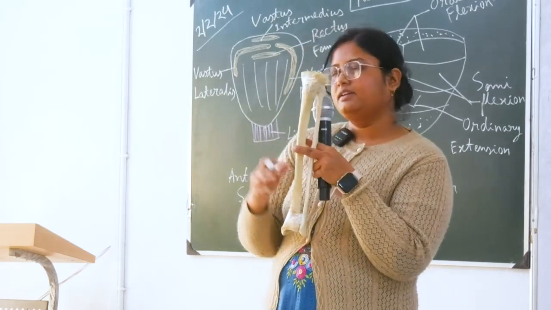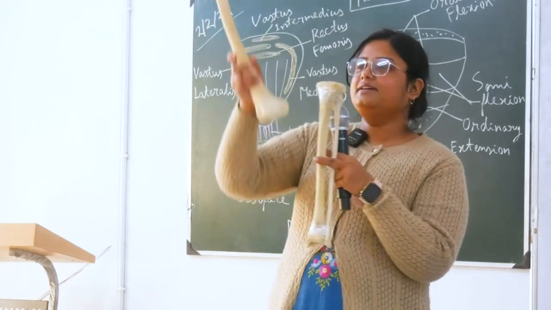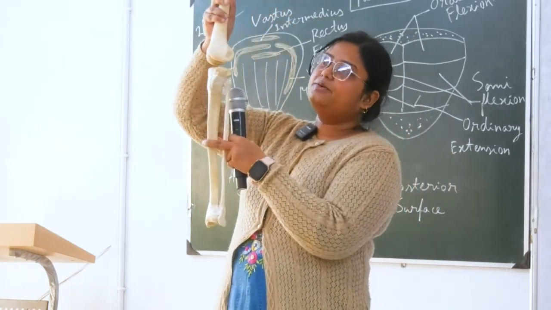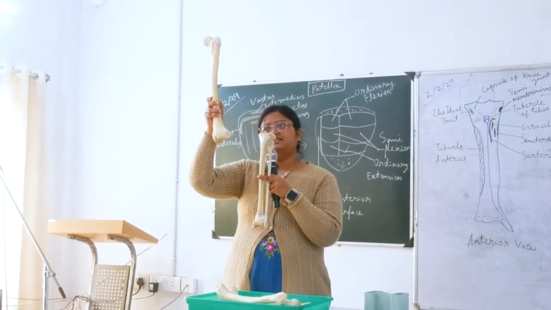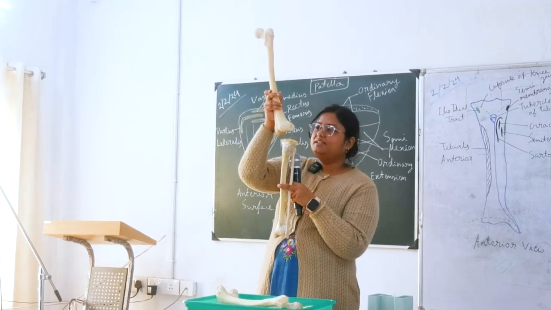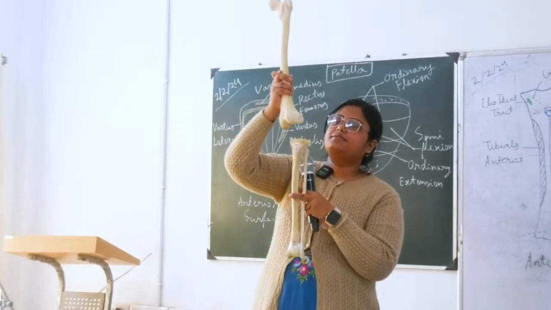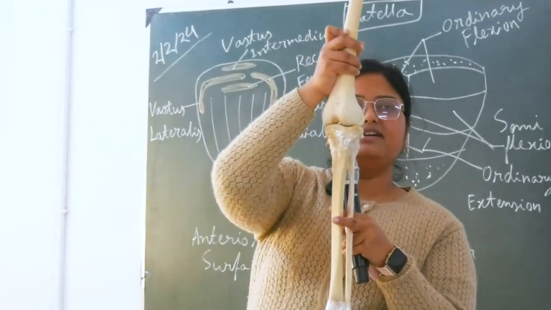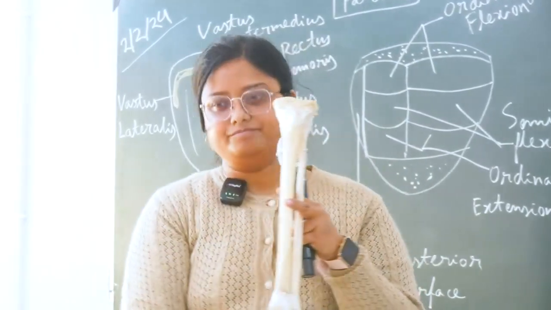So these two condyles articulate with the condyles of the femur. Intervening between the two bones lie the lateral and medial menisci, and these form the knee joint. Condyles of femur and condyles of tibia together form the knee joint.